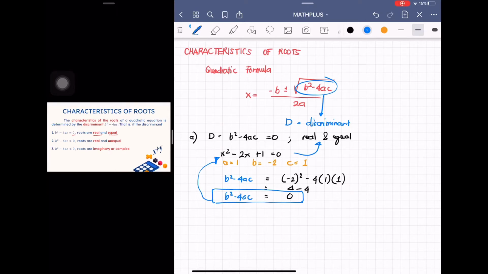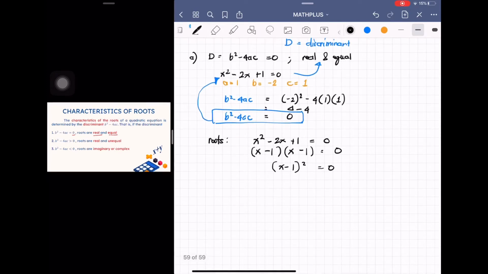Let's try to factor it, if we can, solving for the roots of x squared minus 2x plus 1 equivalent to 0. So you have x. What are the factors of positive 1 that will create negative 2 as a sum? That's obviously negative 1 and negative 1. So if you write that, that's x minus 1 quantity squared equal to 0, right?